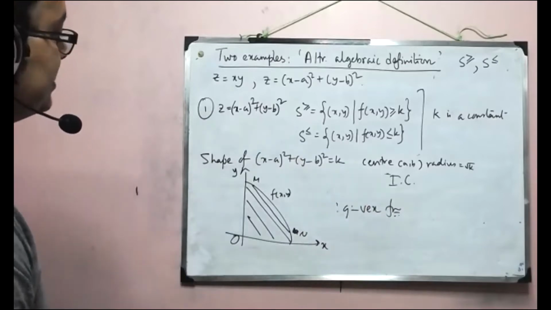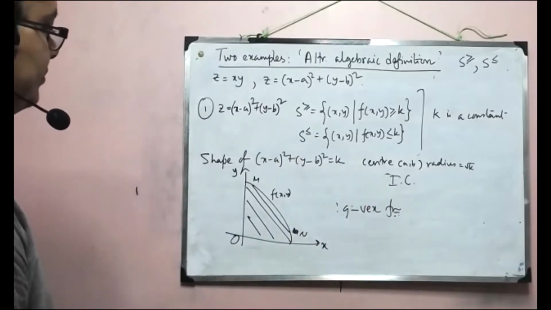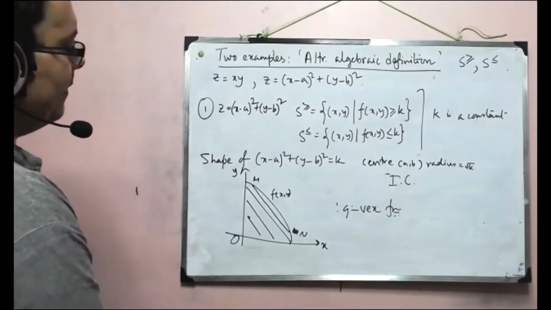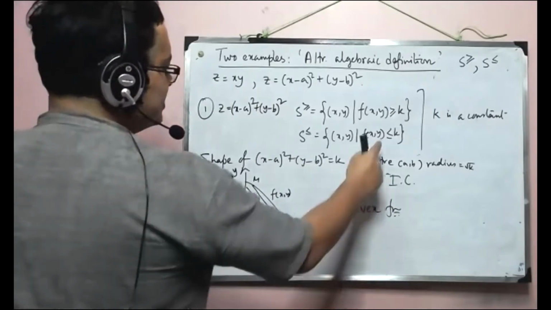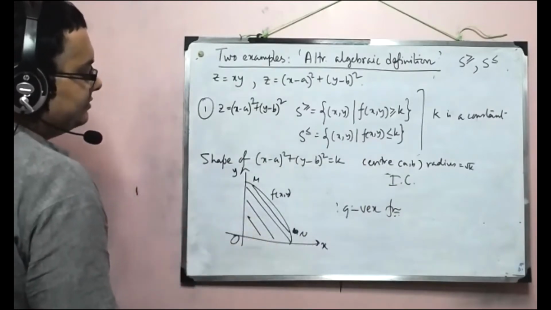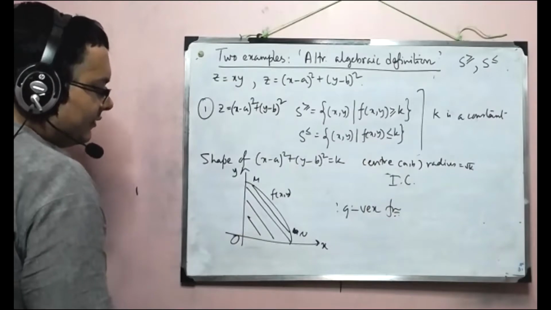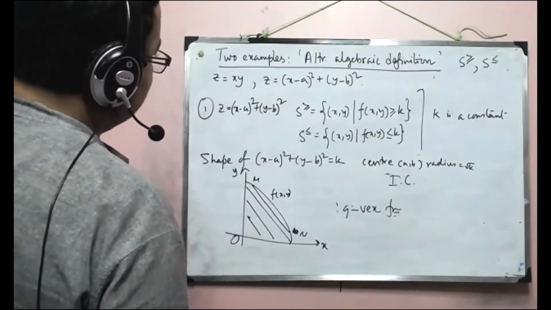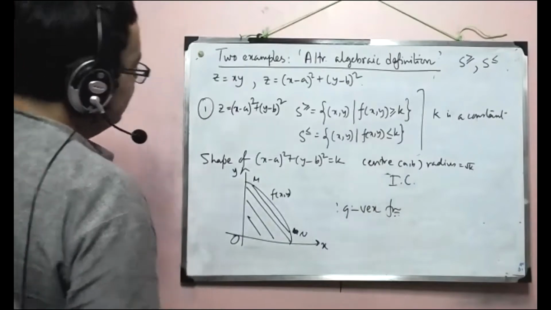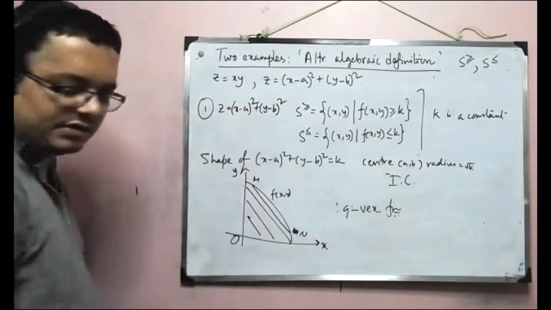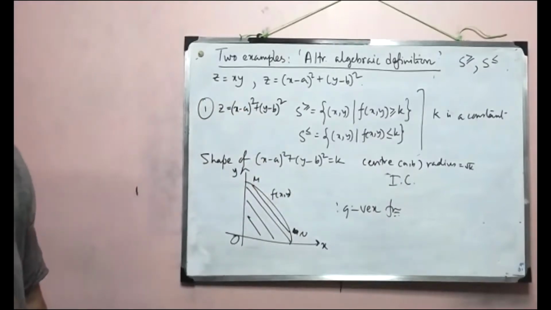Basically, you draw the IC and you look at how it comes. So if the lower set becomes a convex set, then the first one becomes quasi-concave and the second one becomes quasi-convex.